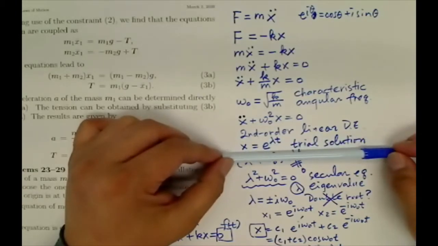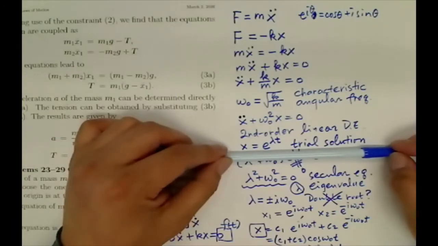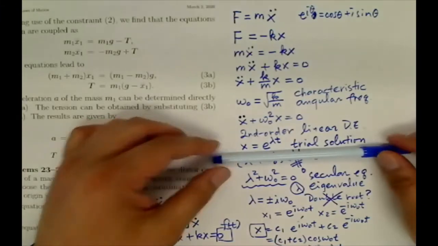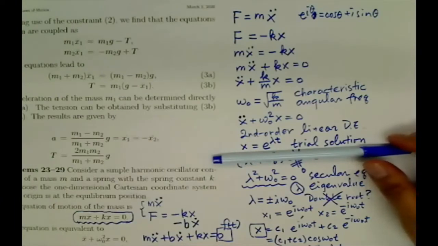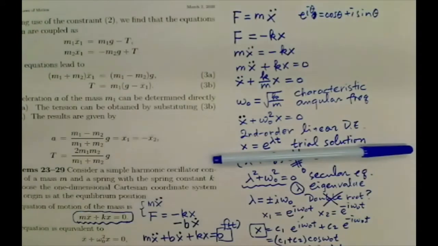Let us substitute the trial solution x equals e to the lambda t. As you know, an exponential function becomes exponential again, except that it has an additional factor lambda after taking the derivative.